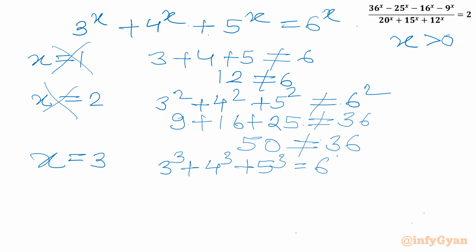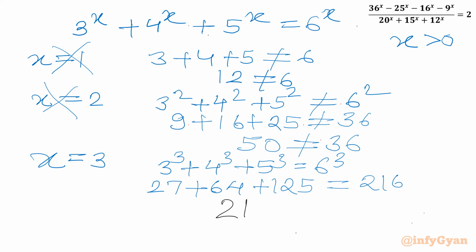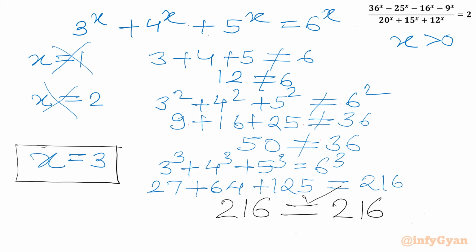Is this equal to 6 cube? 27 plus 64 plus 125 equal to 216. If I add all the three numbers, then it is 216. So the only solution which we were looking for is x equal to 3. So our answer becomes x equal to 3.